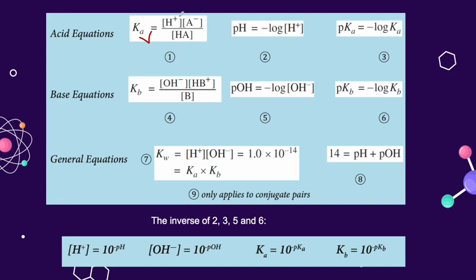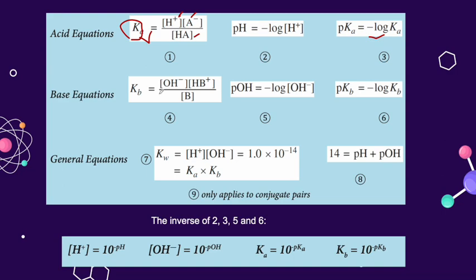Because acids always give away hydrogen ions, you have your hydrogen ions and your conjugate base over your acid. And then the pH is the negative log of your hydrogen concentration.